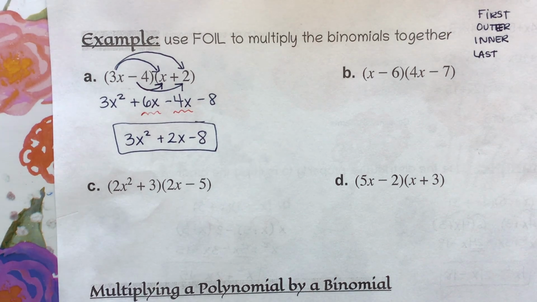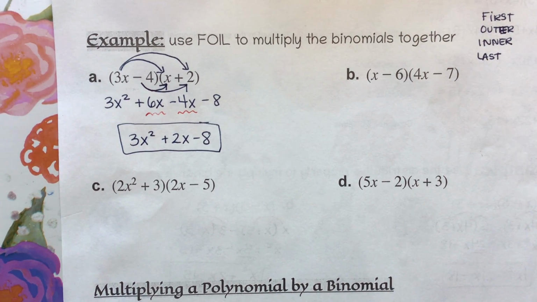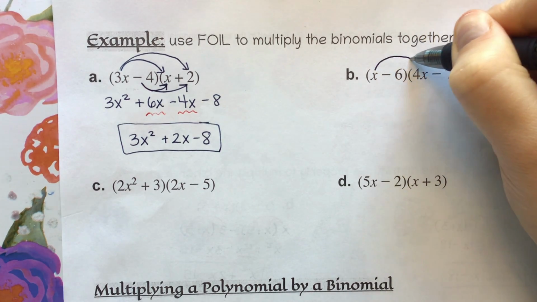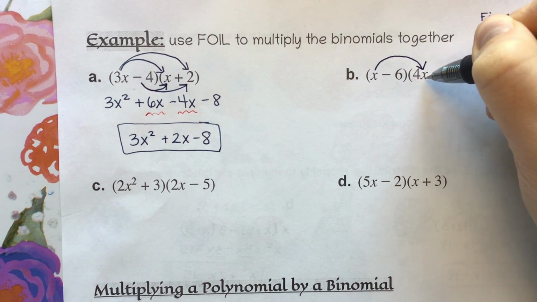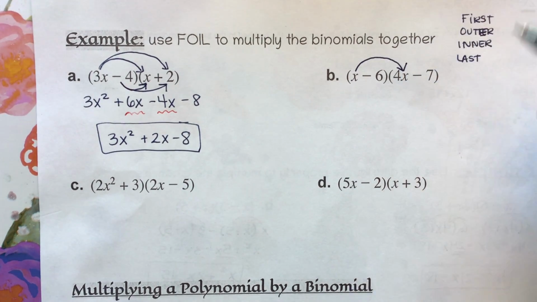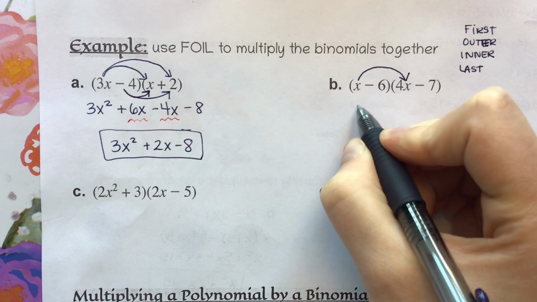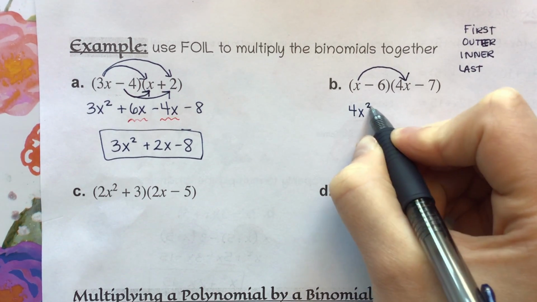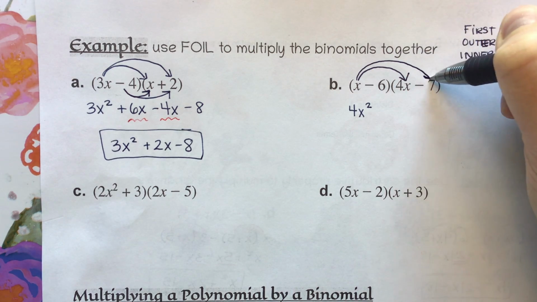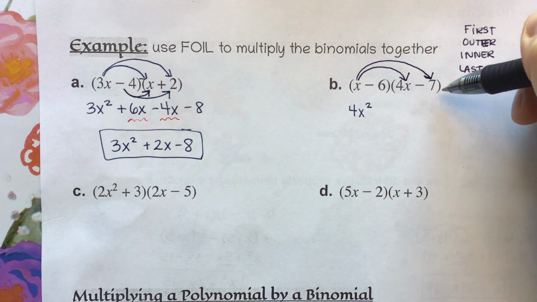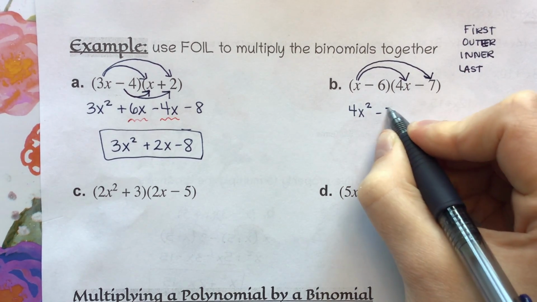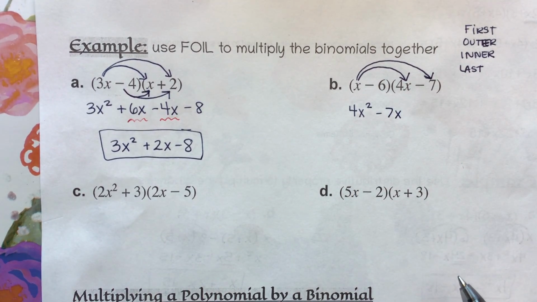Let's do that again for example B. I'm doing first terms first. So the first term of the first set of parentheses and the first term of the second set of parentheses is x times 4x. X times 4x is going to get me 4x squared. Then I'm doing outer. So x and negative 7 are on the outsides of everything. So x times negative 7 is minus 7x.